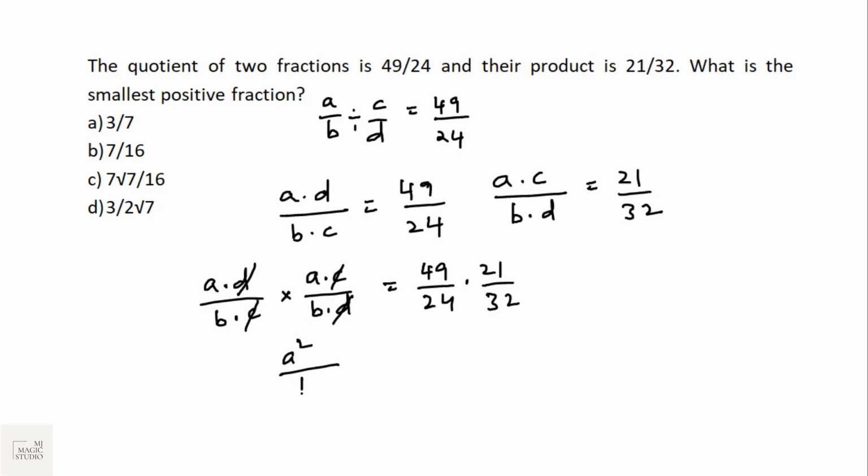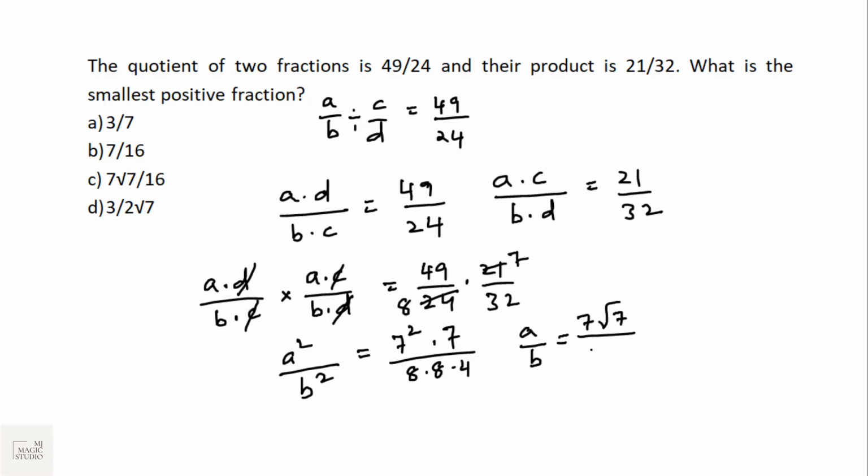That means A square by B square is 49, which is 7 square, into 21 by 32, which is 7 into 7 by 8 into 4. So A by B will be 7 root 7 by 8 into 2. That would be 7 root 7 by 16.